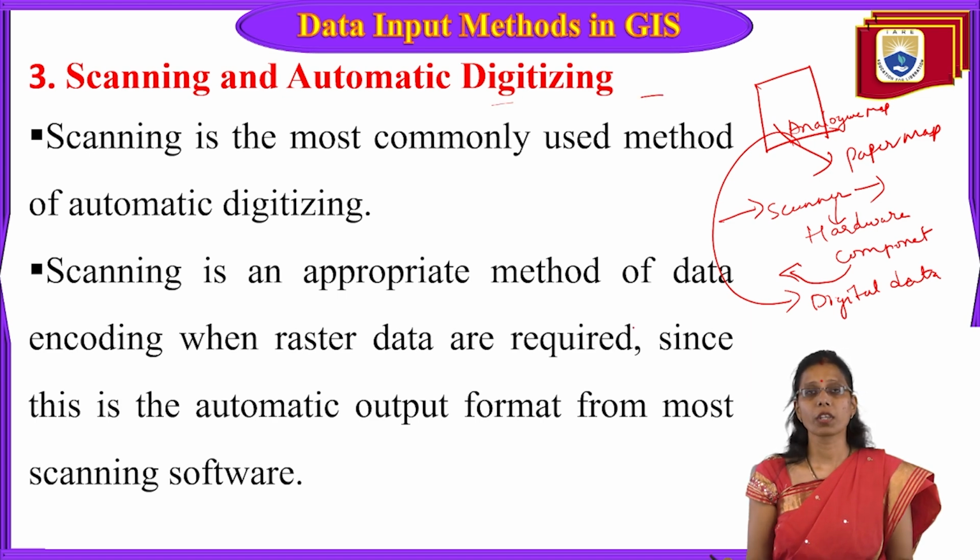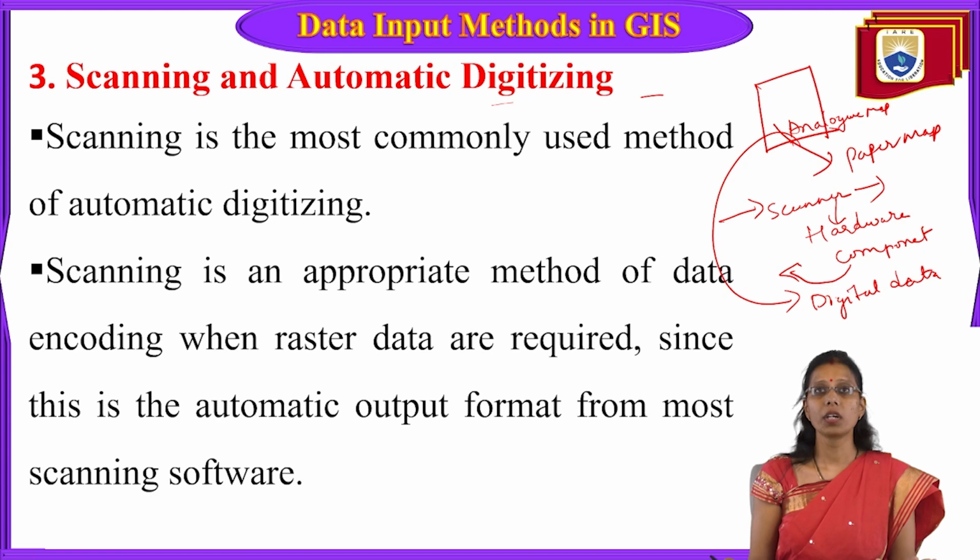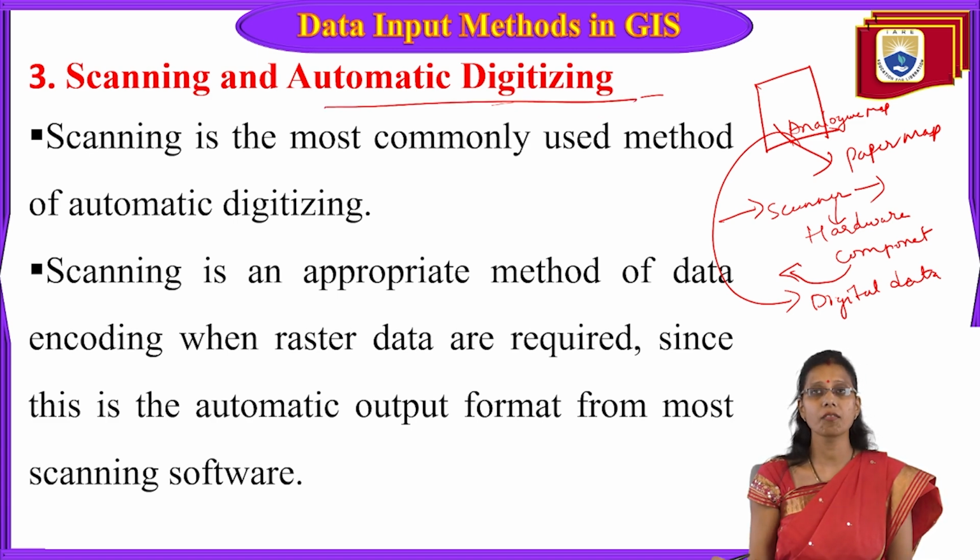That means once we scan the data, it is automatically converted into digital form. All the data, each point of the paper, is converted to the digital format. That is called scanning, and we also call it automatic digitizing. Automatic digitizing means automatically converting the analog information to digital information.